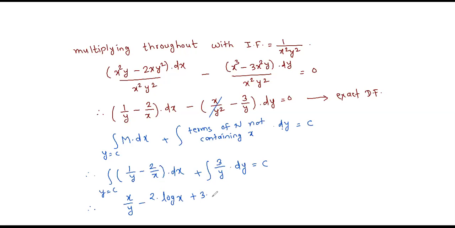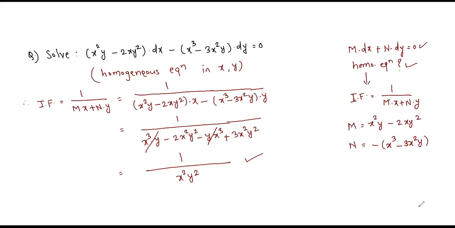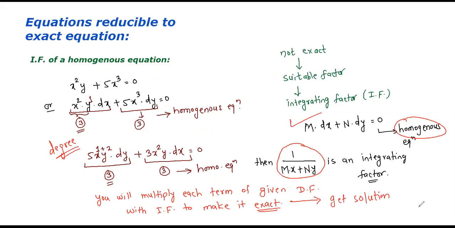Integration of dy upon y is log y, which is equal to constant. So this will be your answer, right? So hope you have understood how to find the solution for homogeneous equations which are not exact.